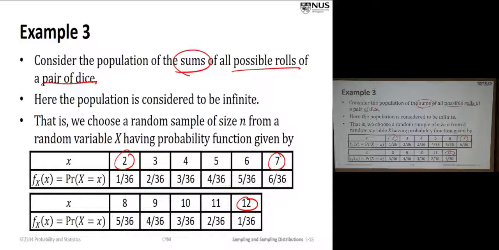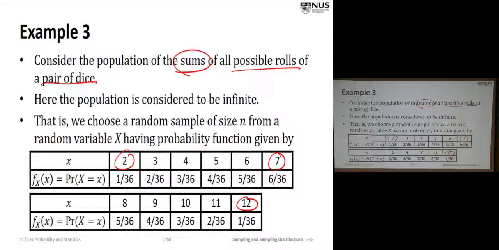Next, what are the probabilities associated with these values? So we can work it out. To get a sum equal to 7, it corresponds to 1,6, 2,5, 3,4, 4,3, 5,2, and 6,1. 6 possible outcomes out of 36 will give you a sum equal to 7.